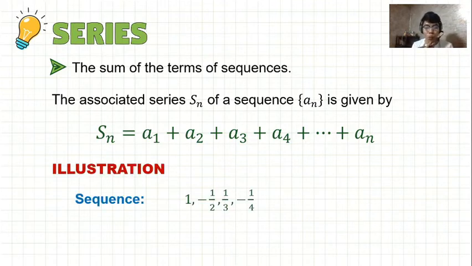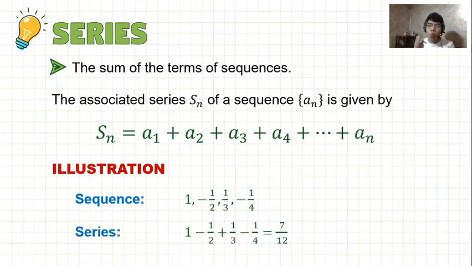Suppose we have this sequence, 1, negative 1/2, 1/3, negative 1/4. So this is our sequence. Now, the associated series of this sequence, ang gagawin lang natin ay i-add natin yung numbers. Right? So 1 plus negative 1/2 plus 1/3 plus negative 1/4 magiging 1 minus 1/2 plus 1/3 minus 1/4 na siya. Now, if you can simplify it, simplify.